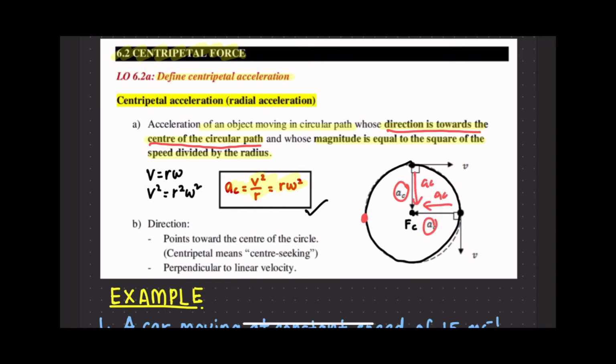If let's say this object is placed in here, so the AC comes towards the center. Direction of AC. Okay. So, direction points towards the center of the circle and perpendicular to the linear velocity. This is linear velocity and perpendicular to linear velocity is direction of AC.